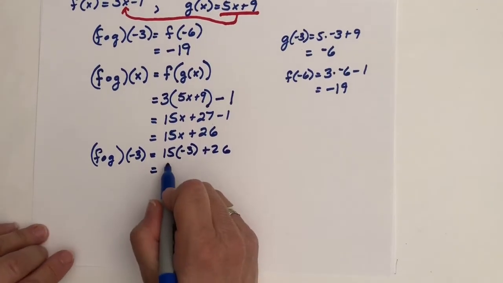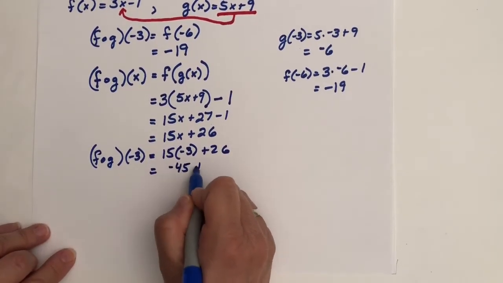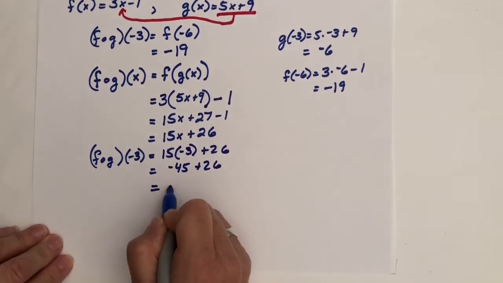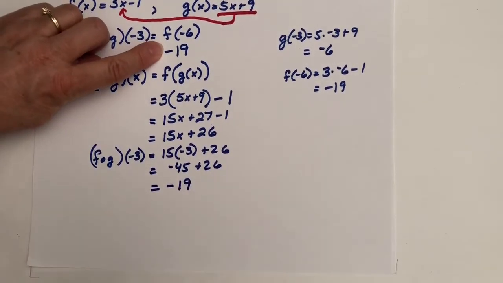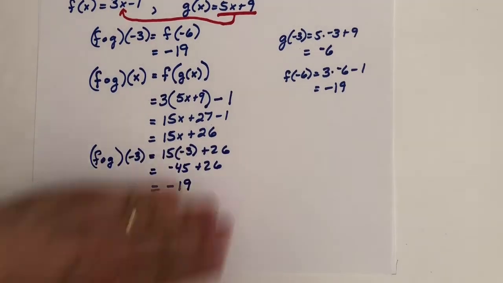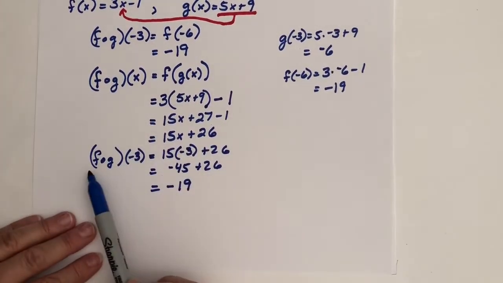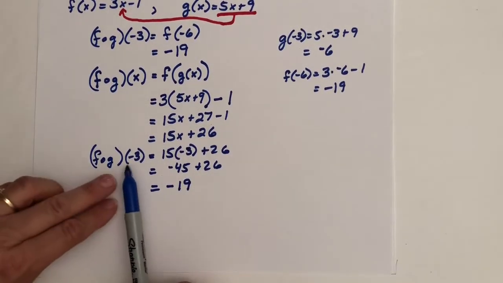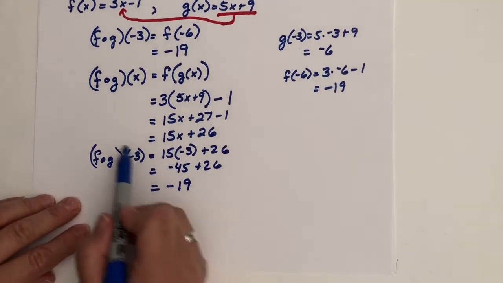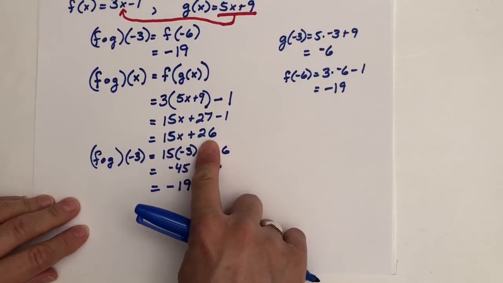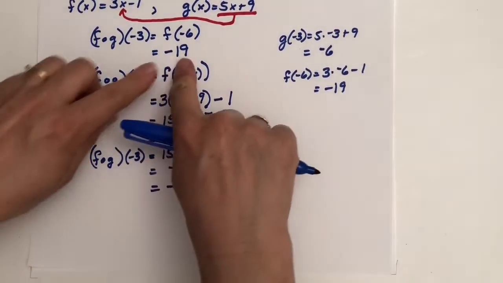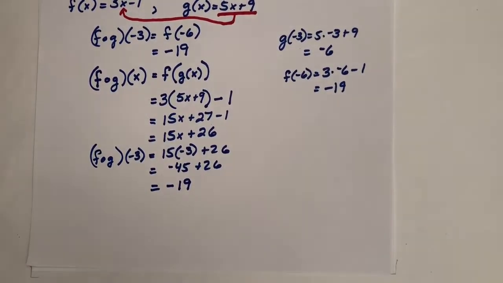And we have negative 45 plus 26, which is negative 19, the same result that we had over here. Now this would be handy if we needed to evaluate f composed with g of lots of values. It would be handy to have this composite function rather than having to take 2 steps every time to find the value.